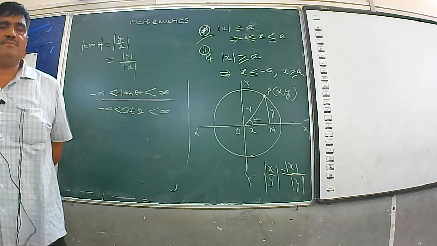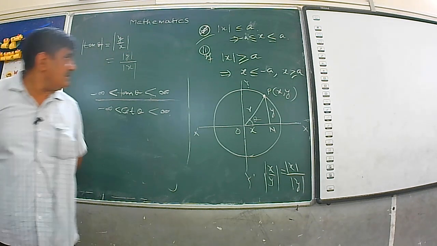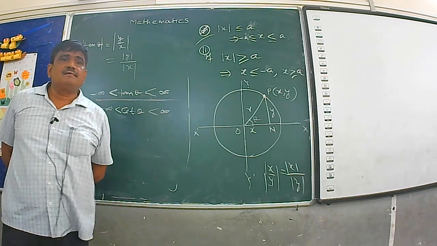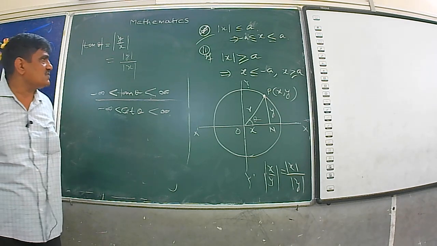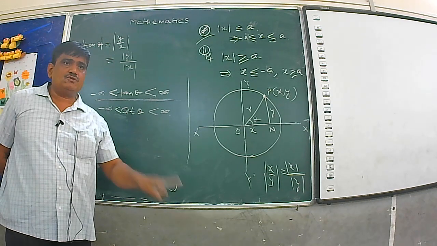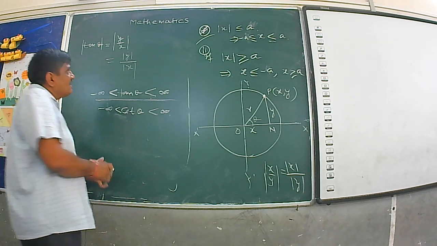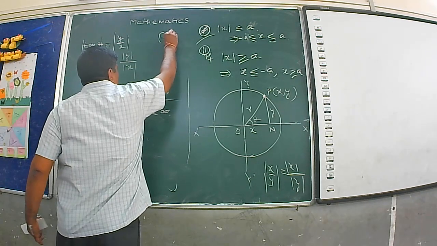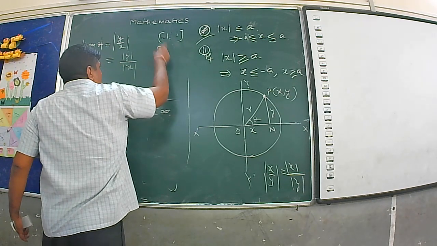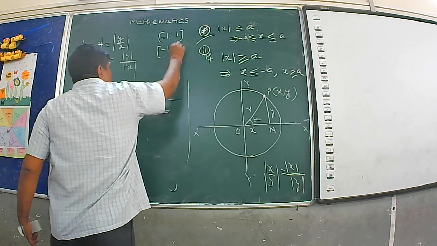From the above discussion, we see that sin theta lies between minus 1 to 1. Sin theta range is minus 1 to 1 and cos theta minus 1 to 1.